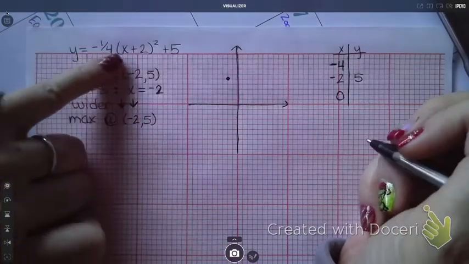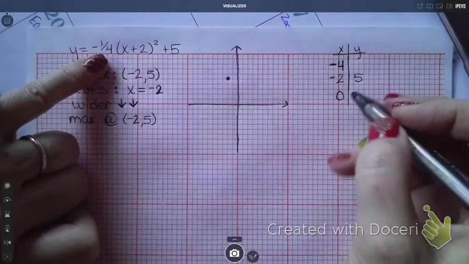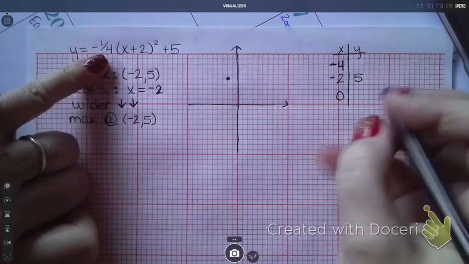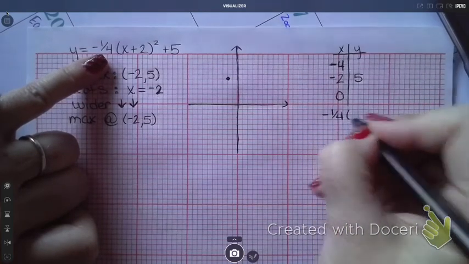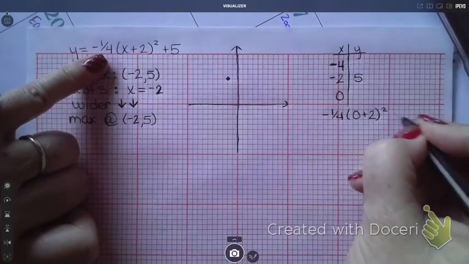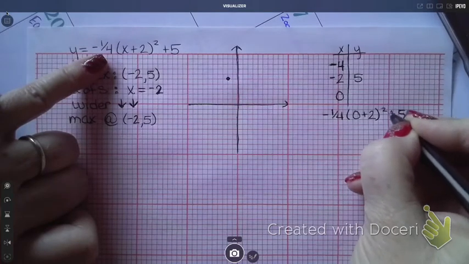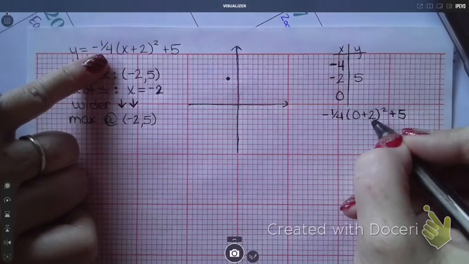Okay, so we're going to plug them into the equation. And they should be the same on both. So do you think it's going to be easier to plug in negative 4 or 0? 0. Okay, so I have negative 1/4 times 0 plus 2 squared plus 5. Okay, so 0 plus 2 is 2.